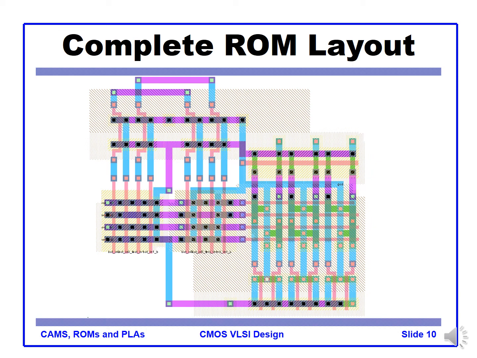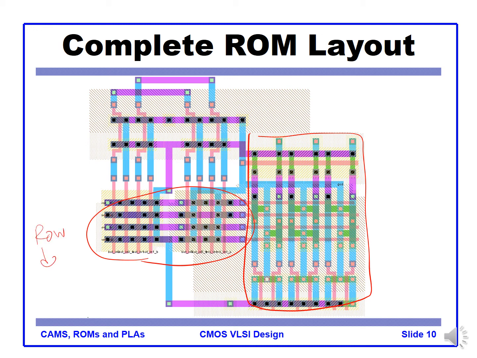This is the complete ROM layout. This is the ROM array. This is a decoder, a row decoder. This is kind of a pre-decoder probably. As you can see, this is just an example of a ROM layout.